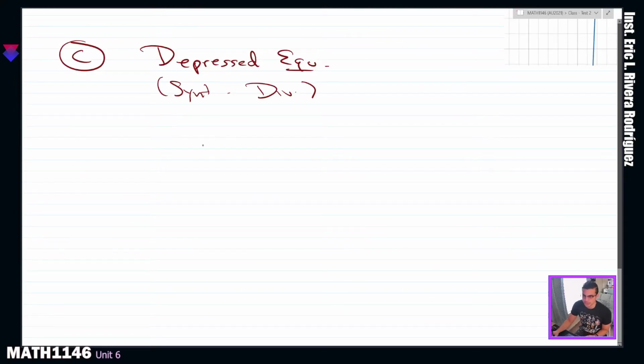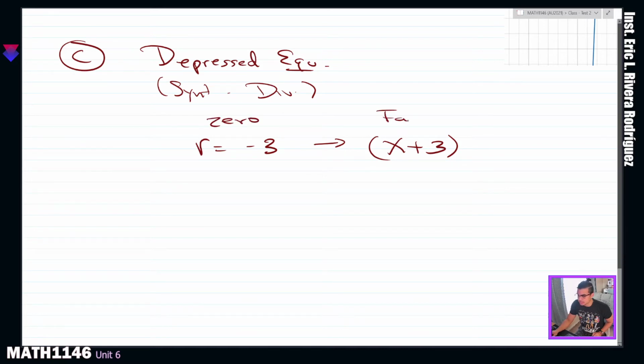I know that our rational zero is -3. Because that is a zero of the polynomial, we know that x plus 3 is a linear factor of that polynomial. Rational zero, linear factor.